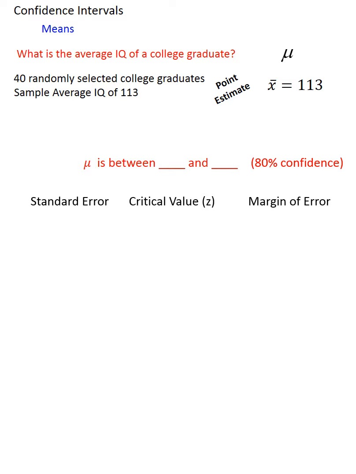Now, to compute the standard error, I would need to know something about individual variations among college graduate IQs. In other words, I would need to know the standard deviation of college graduate IQs. Suppose it's assumed that the population for which we are trying to estimate mu has a standard deviation of 15.